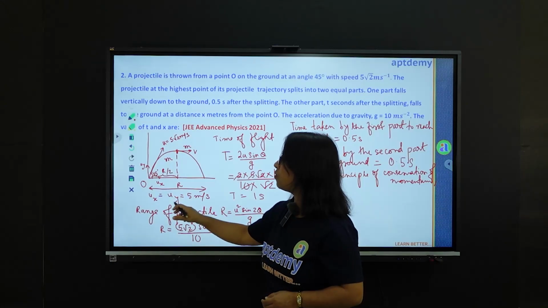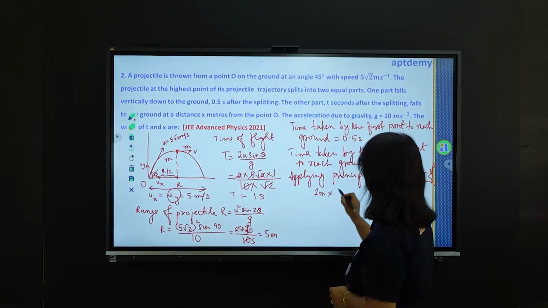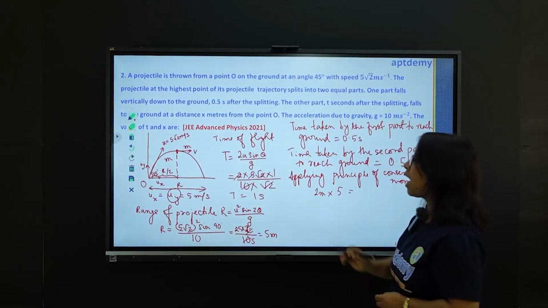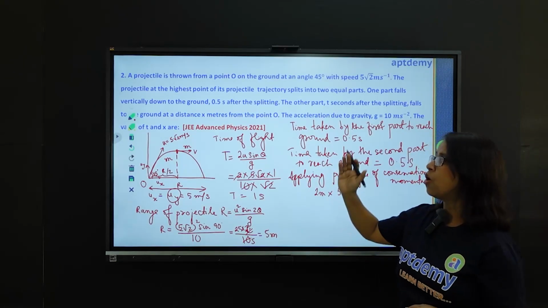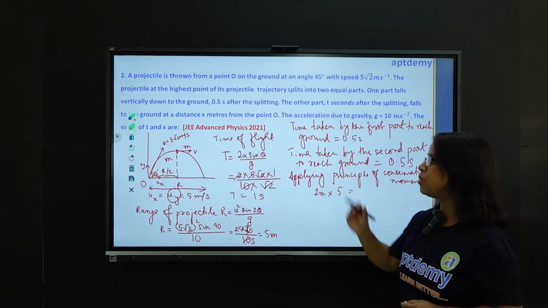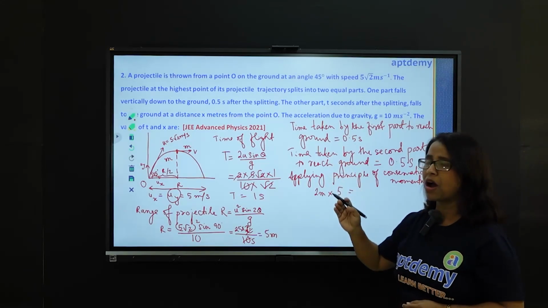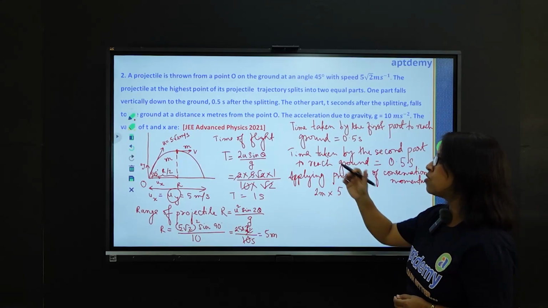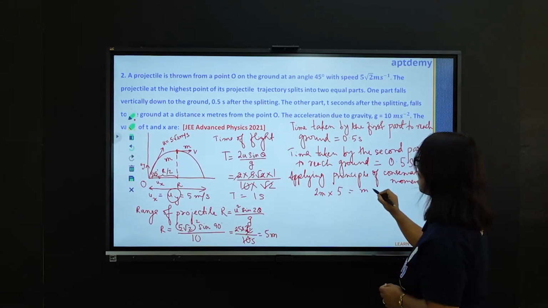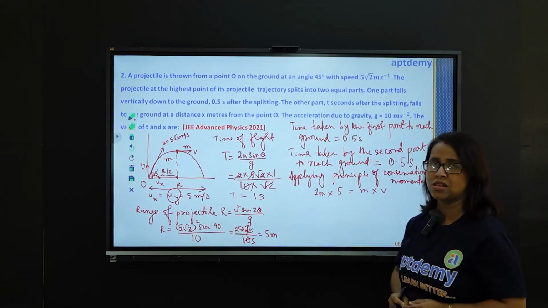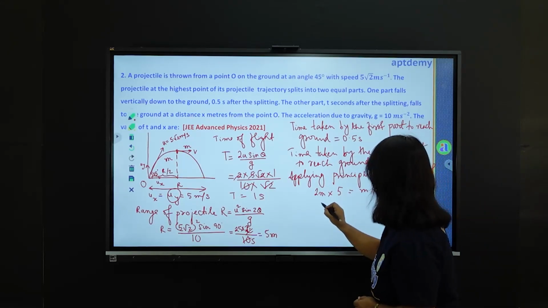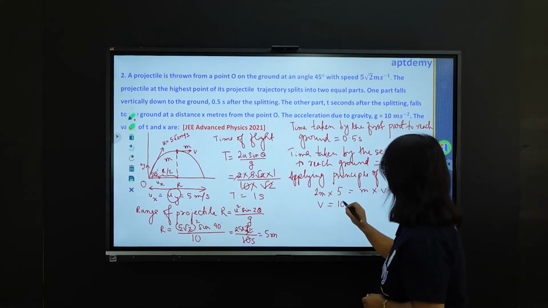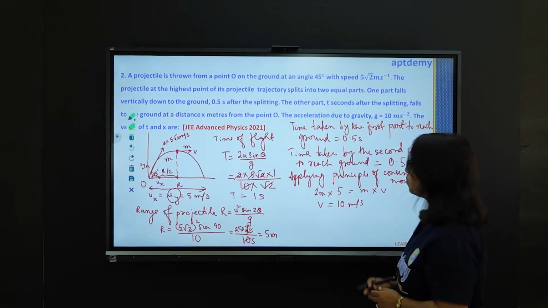After splitting we had only the second part moving with the speed v. The first part had fallen vertically downwards, under the action of gravity. So only for the second part we have its mass as m and the speed as v. So we get from here that v will be equal to 10 meter per second.